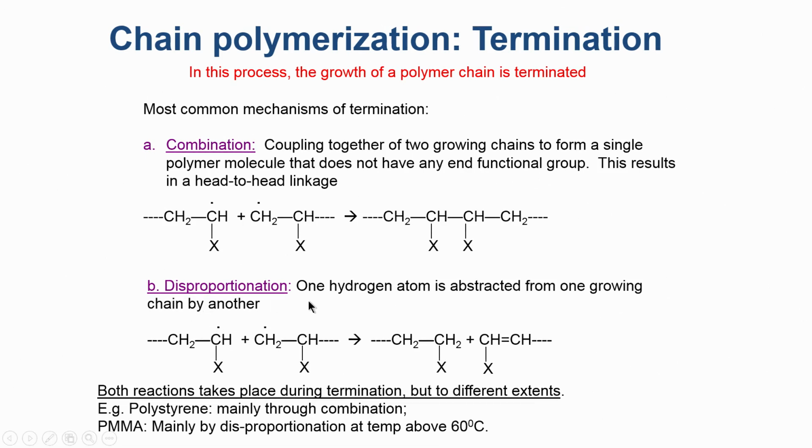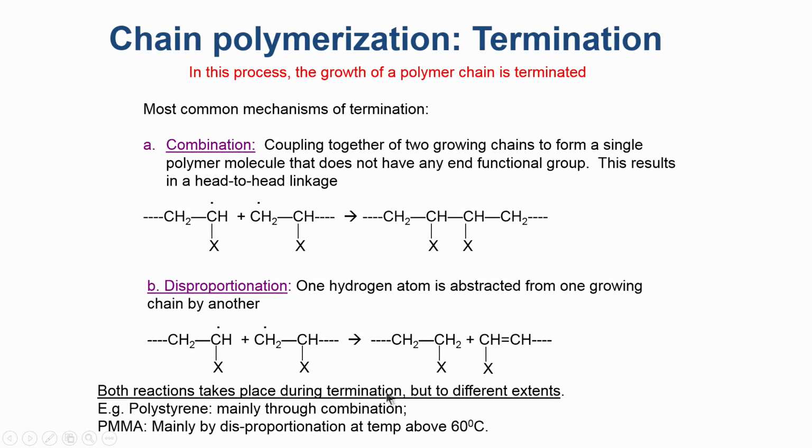Typically both reactions take place, depending on what polymers you are using. Different polymers will result in different kinds of reactions. For example, in polystyrene, termination mainly happens through combination. In PMMA, another very widely used polymer, disproportionation typically dominates at temperatures above 60 degrees Celsius.